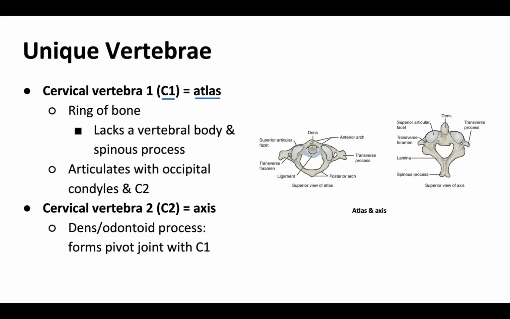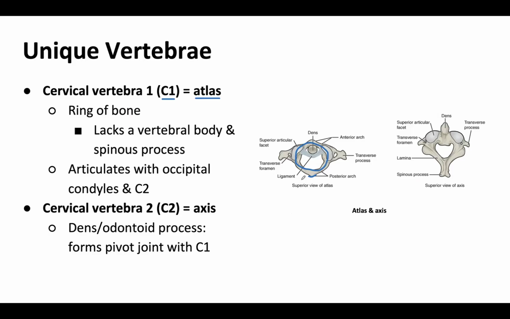And the bone resembles a ring. It's very unique in vertebrae in general because it does not have a vertebral body. It also does not have a spinous process. There may be a little projection there, but not resembling the full spinous process like in other vertebrae.